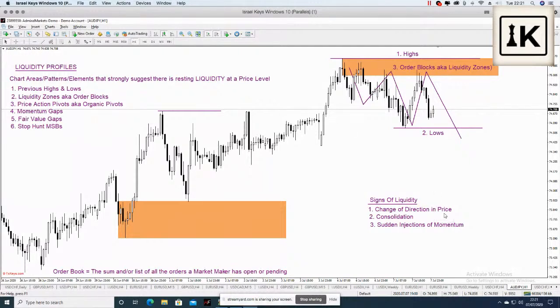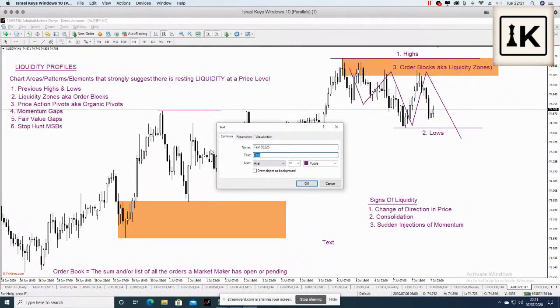So how do you use a liquidity profile? Well, a couple of ways. How to use a liquidity profile. So we'll call them an LP.